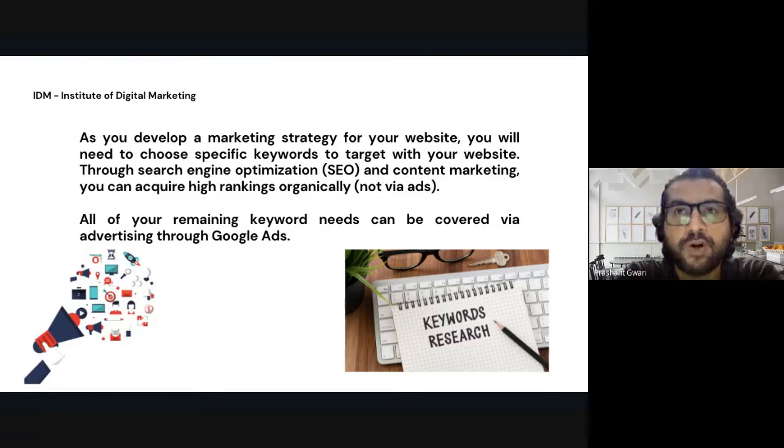That means 4 lakh people in India are searching what is digital marketing on Google, and if you want those people on your website, you have to target the what is digital marketing keyword on your website. So you will pick one specific keyword or maybe two, which you can also call focus keywords, for your SEO strategy or content marketing. The other keywords which are also important, we call them related keywords.